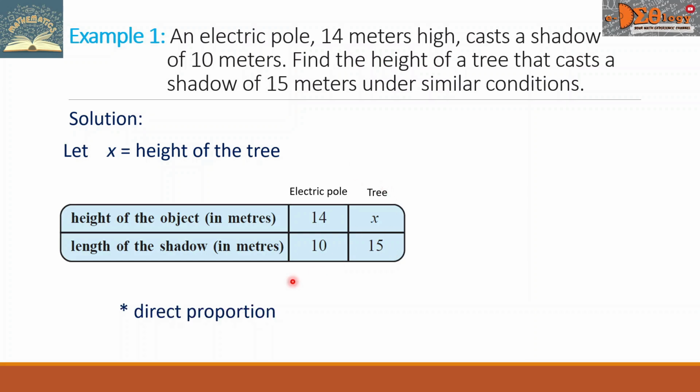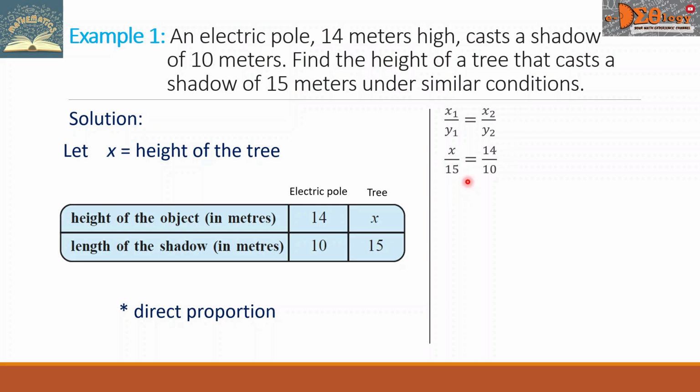We can see here that this is a direct proportion. Using our formula, x sub 1 over y sub 1 equals x sub 2 over y sub 2. Let us substitute the corresponding values. So it becomes x over 15 equals 14 over 10. Let us now solve for x. We do cross multiplication.